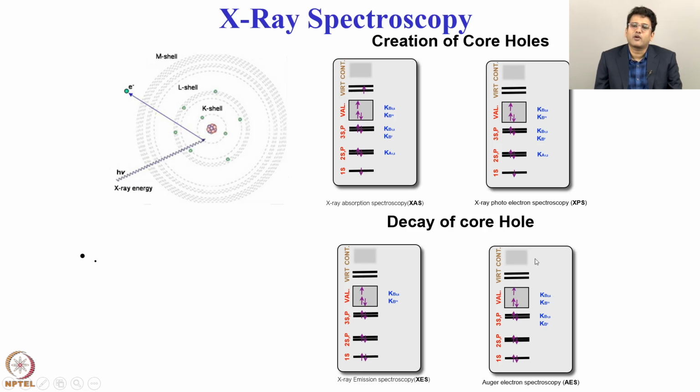The decay of the core hole leads to another kind of spectroscopy, the X-ray emission spectroscopy. X-ray emission spectroscopy is actually a two-step process. In the first step, one electron is excited to the continuum, that is, it gets ionized. Now, because there is a hole in the core of the molecule, this structure becomes unstable.